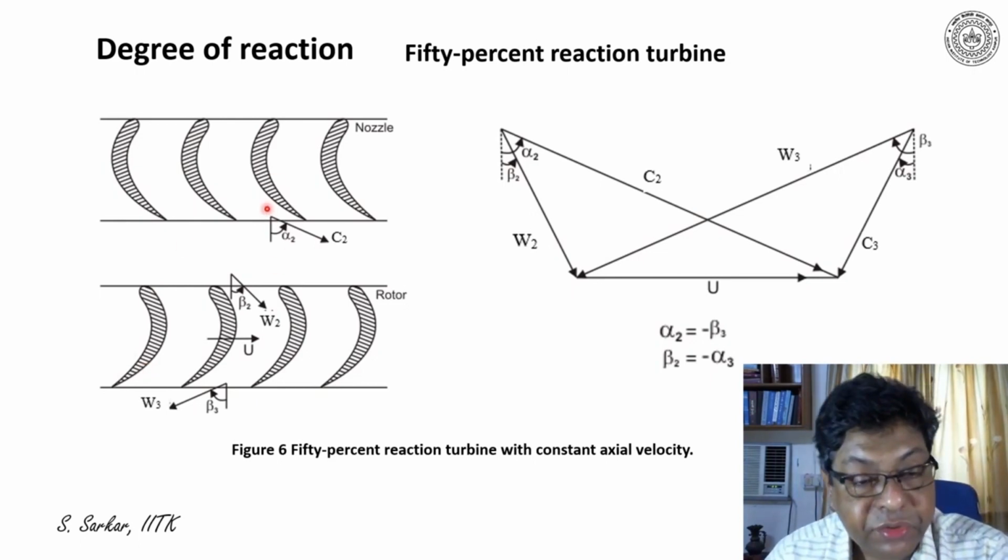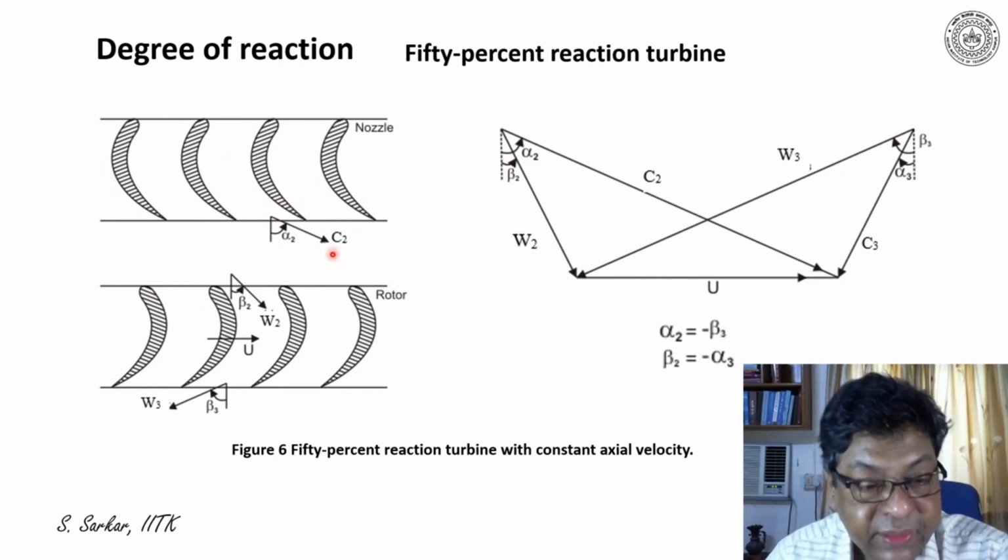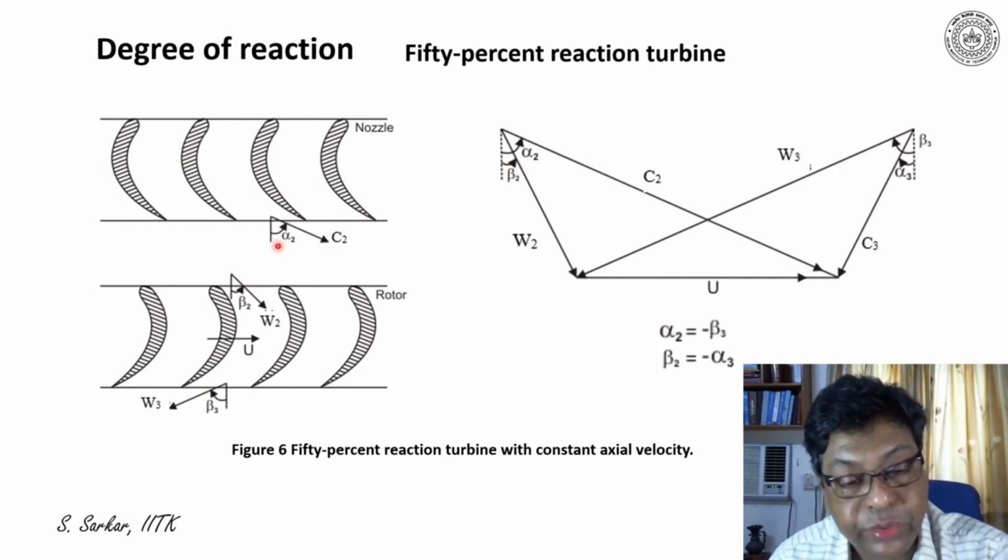Let us consider C2 be the exit velocity of the nozzle that makes an angle alpha 2 with the z-axis.